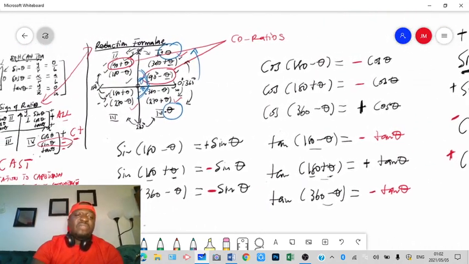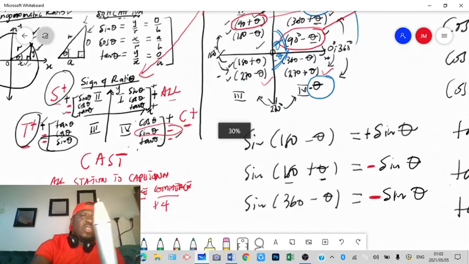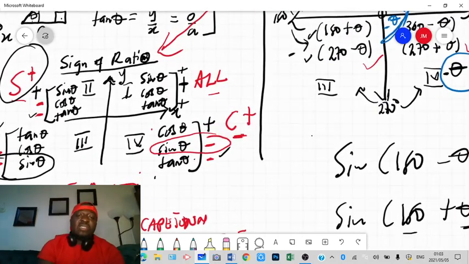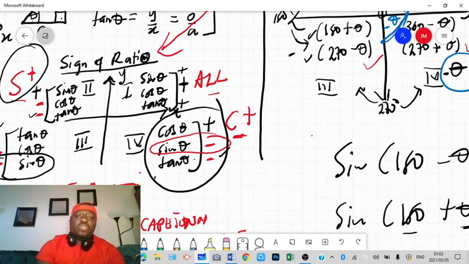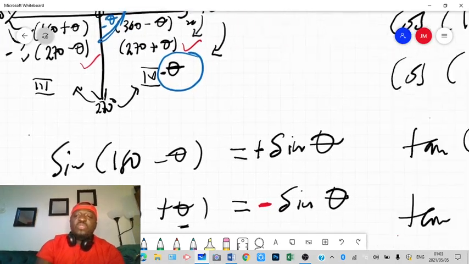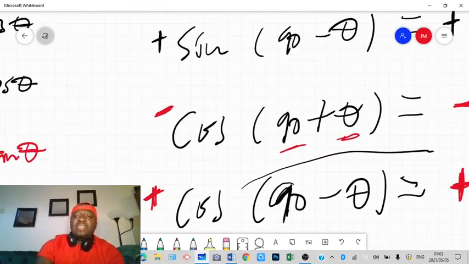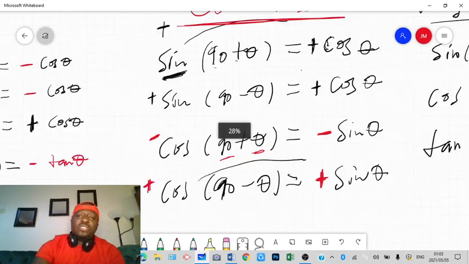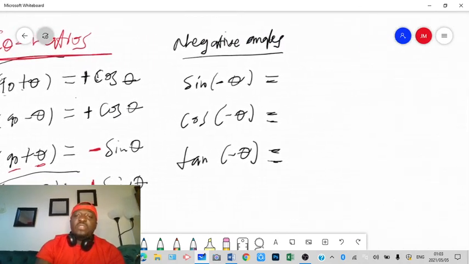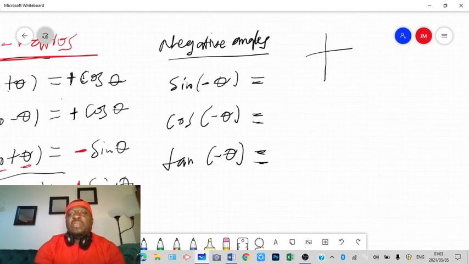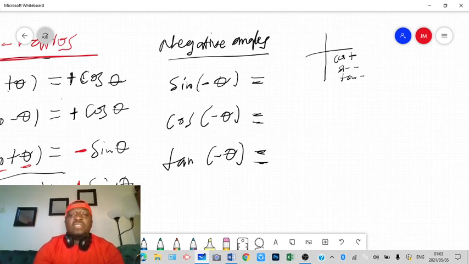Let's remind ourselves in the fourth quadrant in terms of the sign of the ratios. Look at these guys here. Your cos is positive, your sine is negative, your tan is negative. So we're using this to simplify where we have a negative angle. What does this change to? So it's going to be based on the signs that we have in the quadrant. So in the Cartesian plane, cos is positive in this quadrant, sine negative, tan negative.